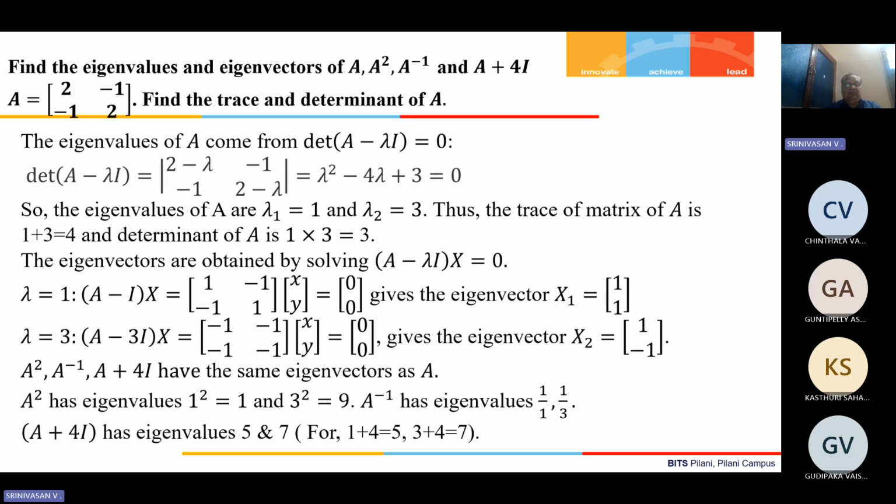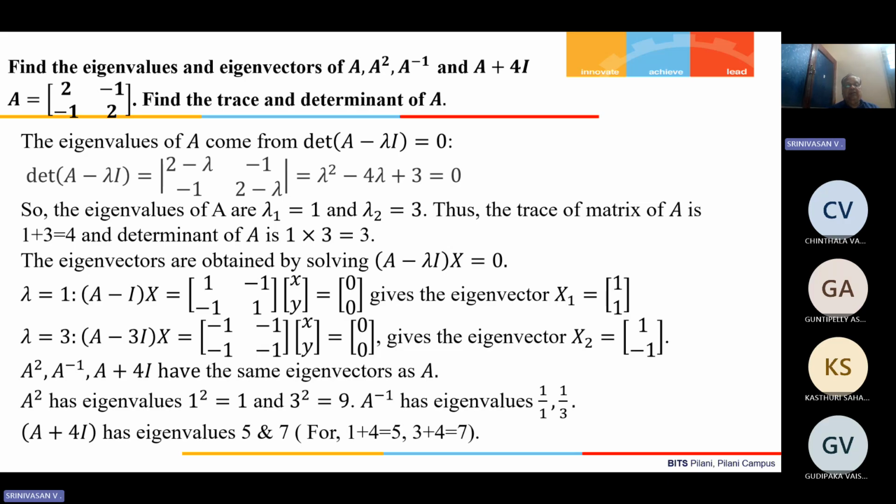So let us first find the eigenvalues of A. The characteristic equation of A is determinant of A minus lambda I equals 0. That is, determinant of 2 minus lambda, minus 1, minus 1, 2 minus lambda equals 0.